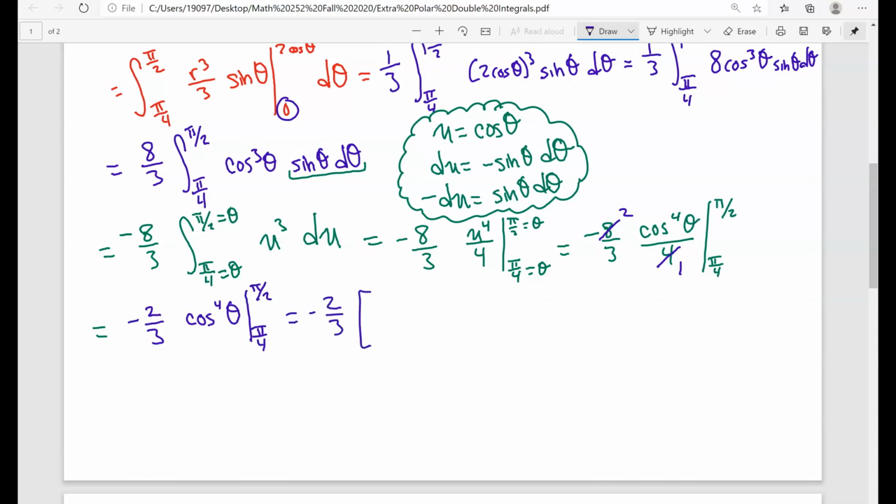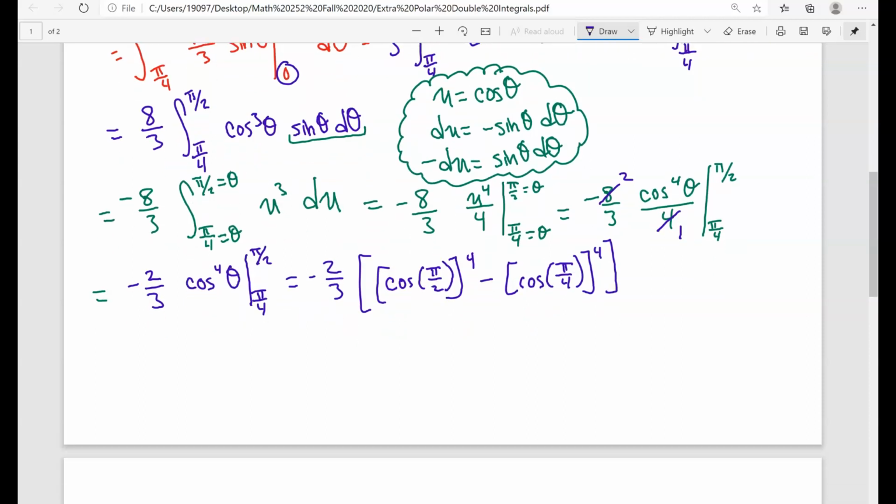And now all we've got to do is plug this in. So we're going to have the cosine of pi over 2, quantity to the 4th, and then minus cosine of pi over 4, quantity to the power of 4.